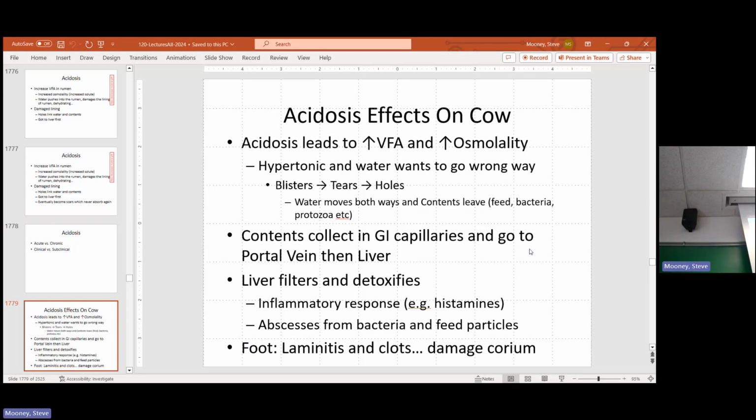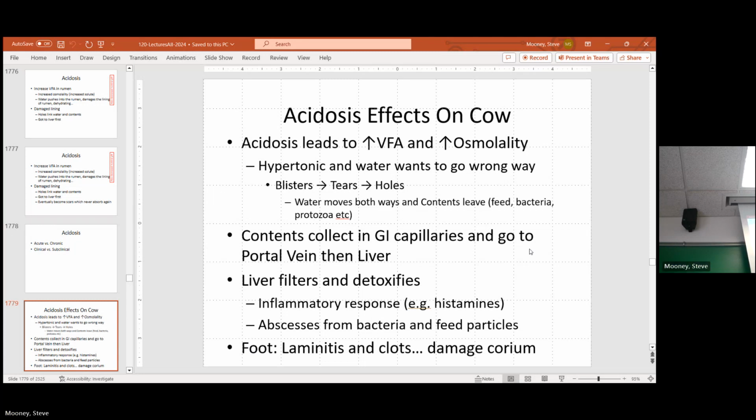Those histamines are going to leave the liver. They're going to go to the foot. They're going to go to that corium area. What are they going to tell the corium to do? Along with every other tissue in the body, what are they going to tell the corium to do?